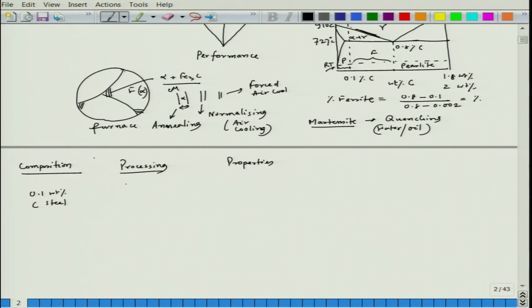Now, processing, what I am doing? Furnace cooling, furnace annealing, normalizing or air cooling, and forced air cooling.